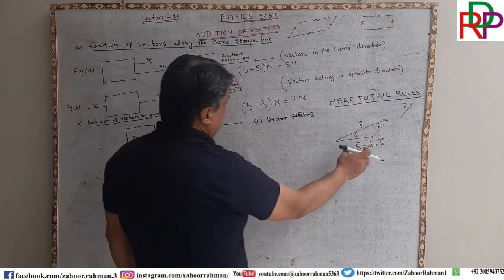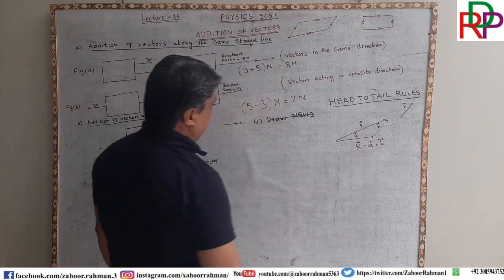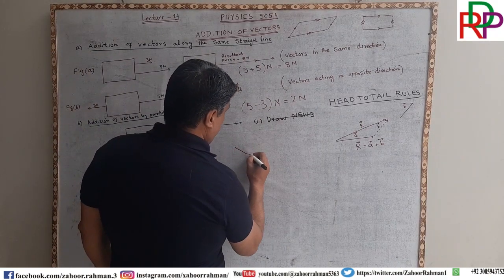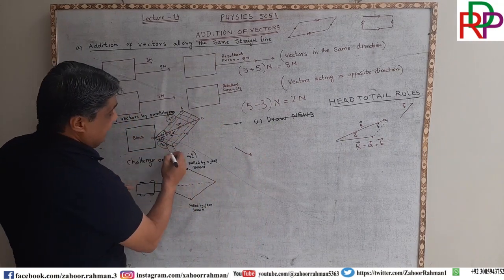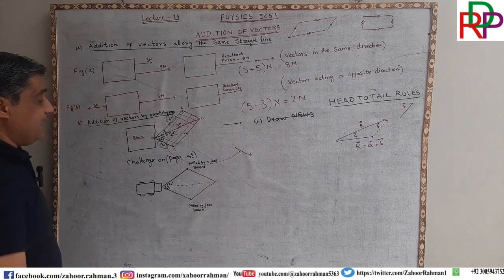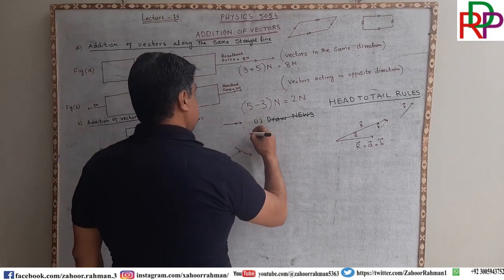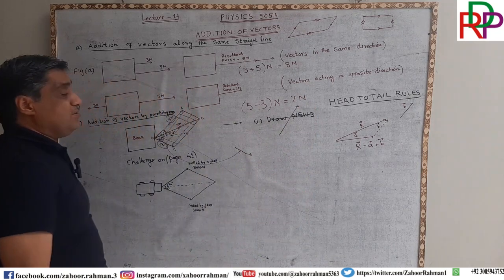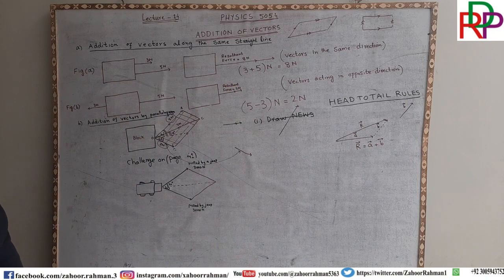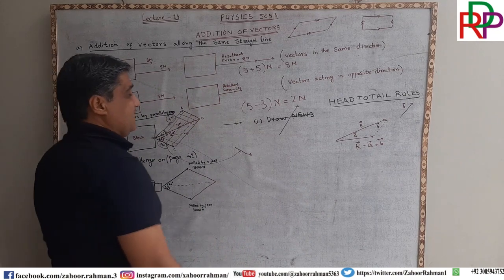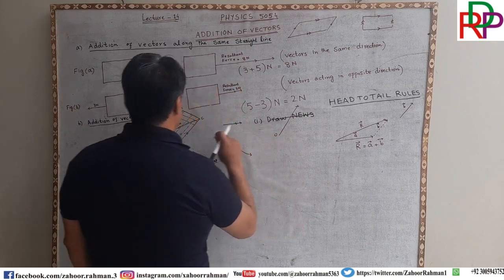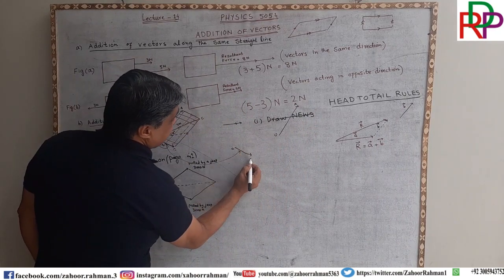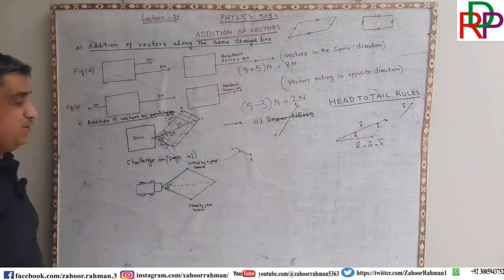Ladies and gentlemen, why did I discuss this head to tail rule? For example, if this is 1, I am representing this line, and then I am representing this line here. So according to the head to tail rule, because this is O, and you can see that this is A and this is O and this is B. So the first vector is that one.